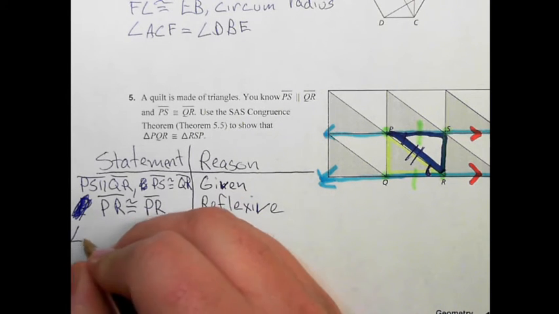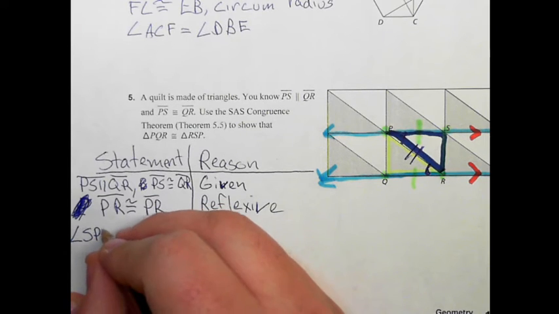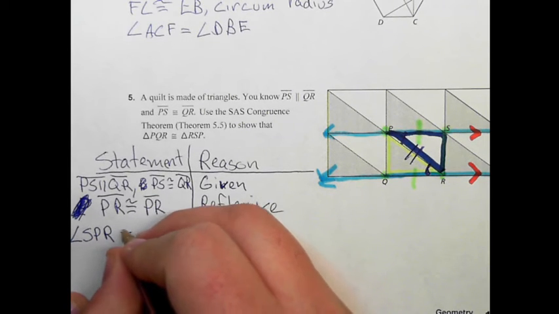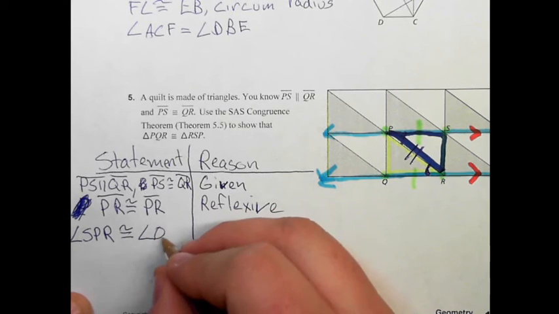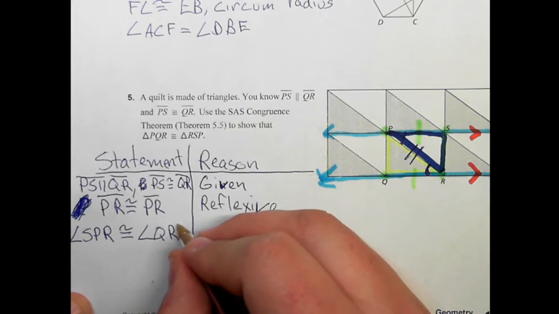Well, I'm going to have to say that angle SPR is congruent to angle QRP. Now you might say, well, Mr. Adams, that's not an easy thing to prove. How do you prove that?